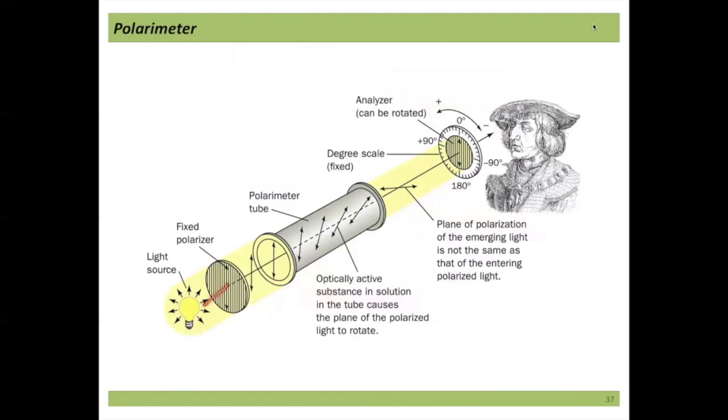So here's just another view of it. We're sending the light through, it's plane polarized. We send it through a sample, and the light interacts with that sample and causes the light to rotate. So when the light is coming out, if I had my reader in this direction, I wouldn't be able to see any light at all because the light needs to pass through this direction.